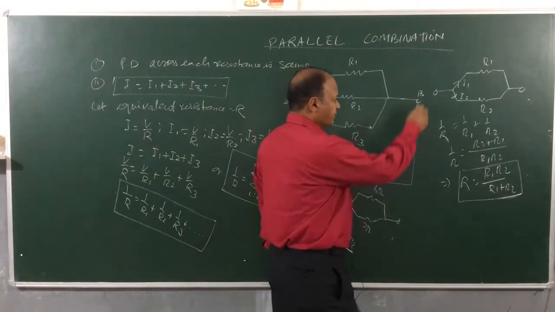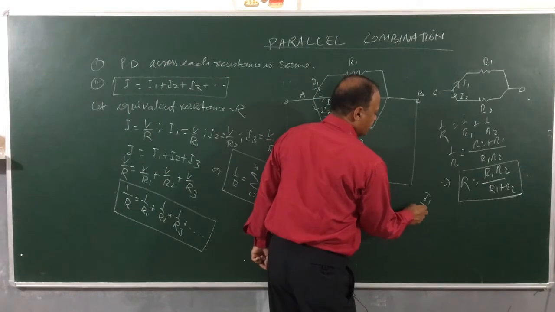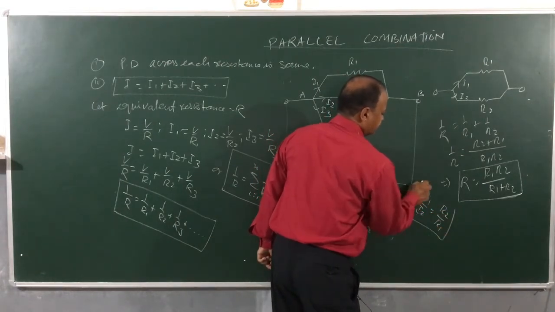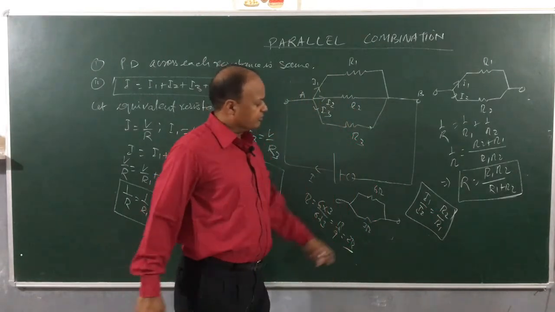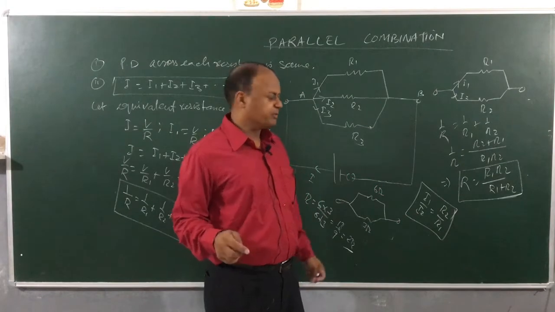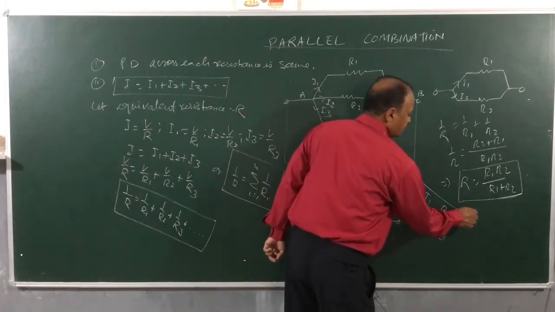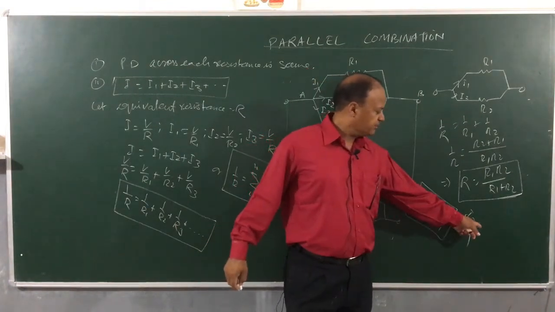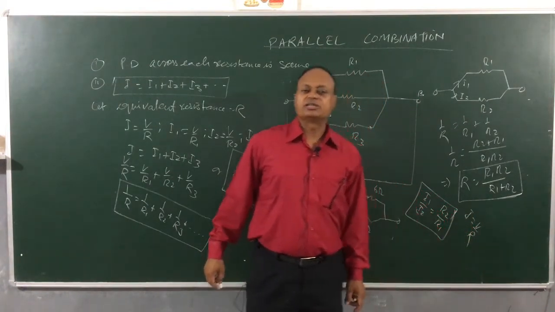So, remember here we will be using for sums I1 by I2 is equal to R2 by R1. Why? Because when potential is same, I is equal to V by R. If V is same, then current will be inversely proportional to resistance.